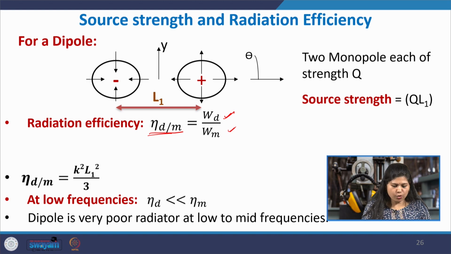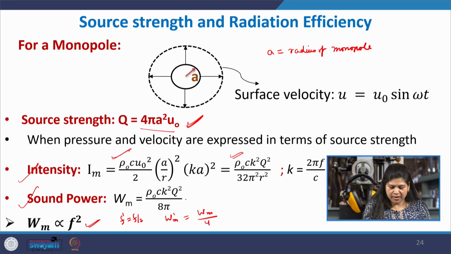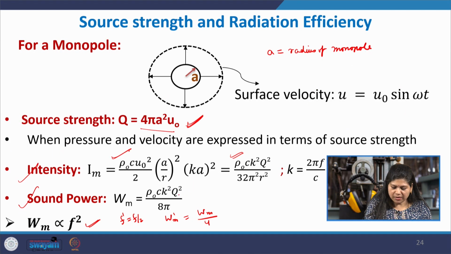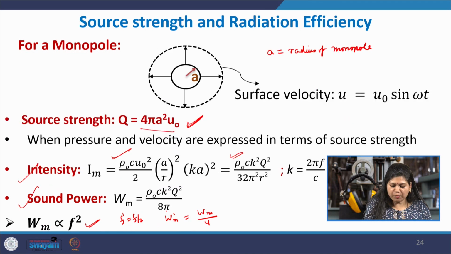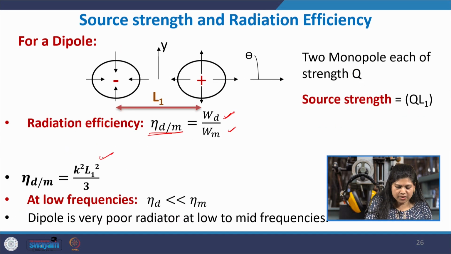Let us say this is the dipole sound power, which is rho naught c k to the power 4 (q L1) whole square by 24 pi, and this is rho naught c k square q square by 8 pi. So, this term cancels out. Here we have k to the power 4. If you divide it, k square remains and L1 square, the new factor comes in, and 24 by 8 is going to be 3. So, we get k square L1 square by 3.